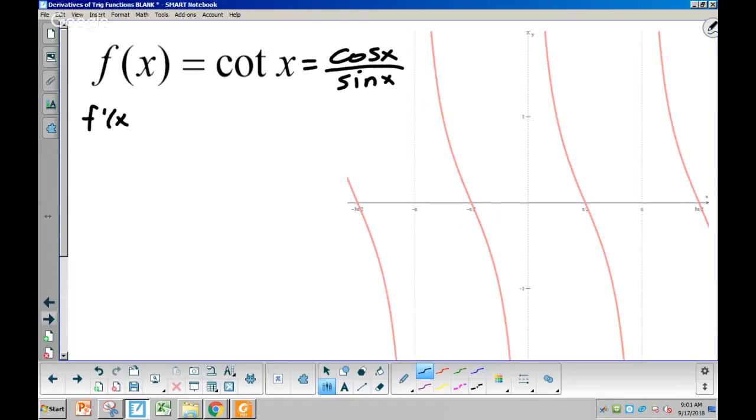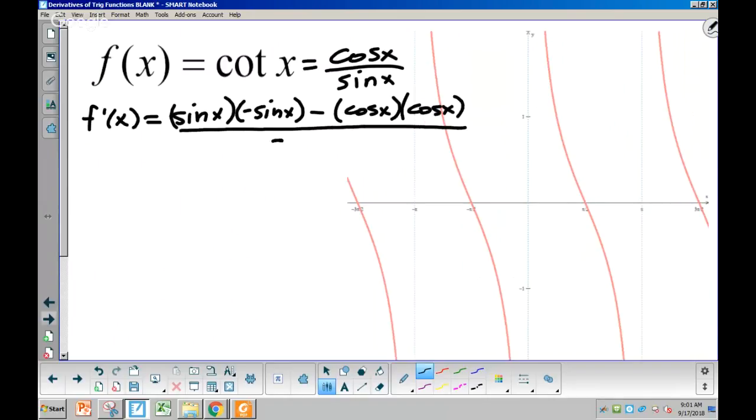So f prime of x is ho, sine x, d hi, negative sine x, minus hi, which is cosine x, d ho, cosine x, all over ho ho, which is sine squared x. All right, so on top I'm getting negative sine squared x minus cosine squared x, all over sine squared x.